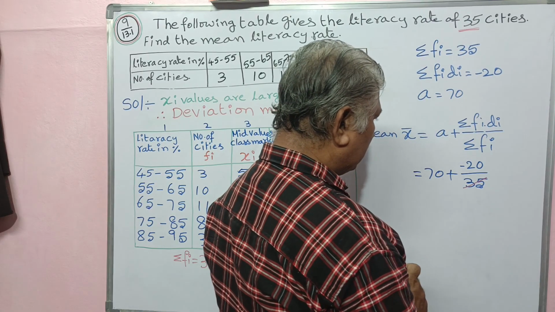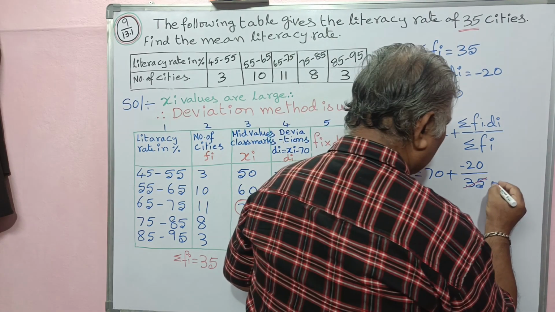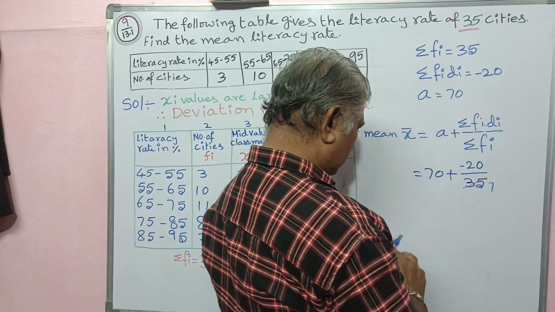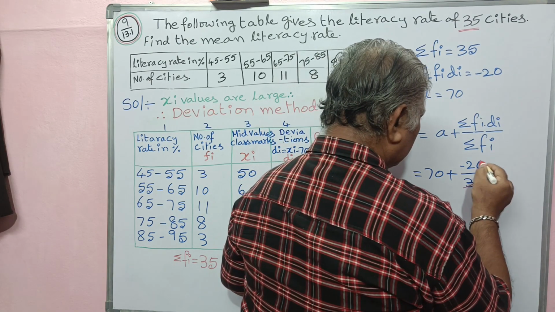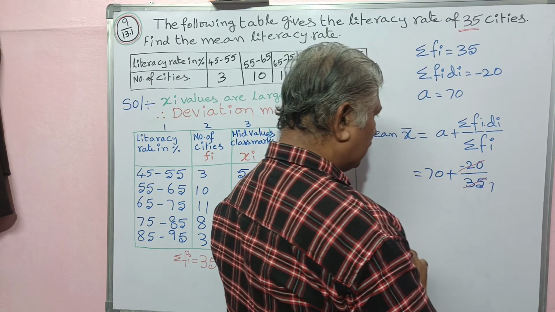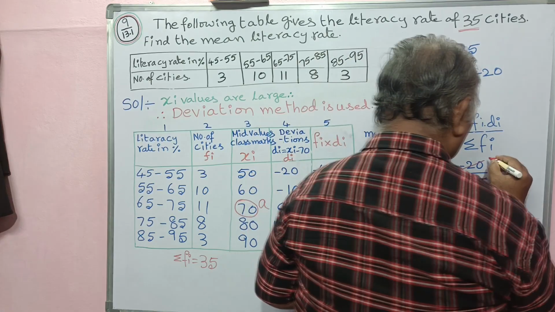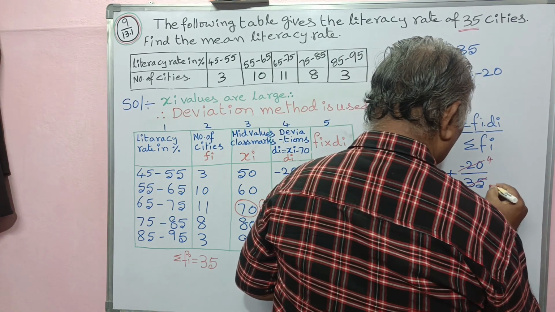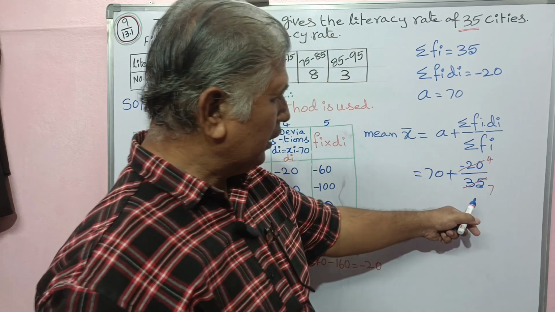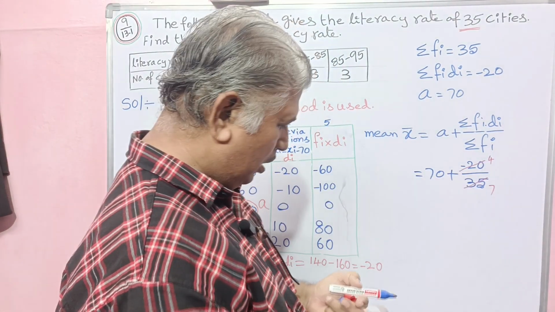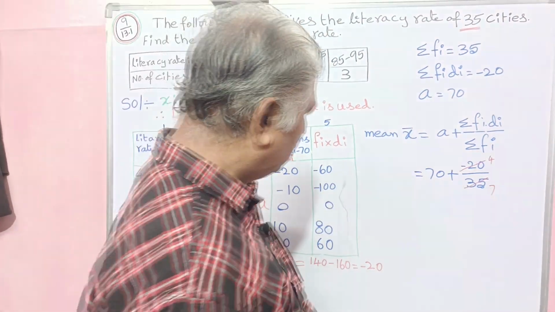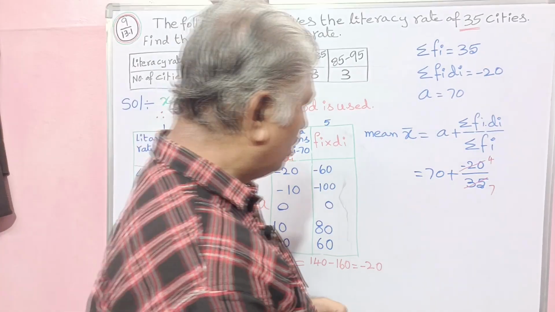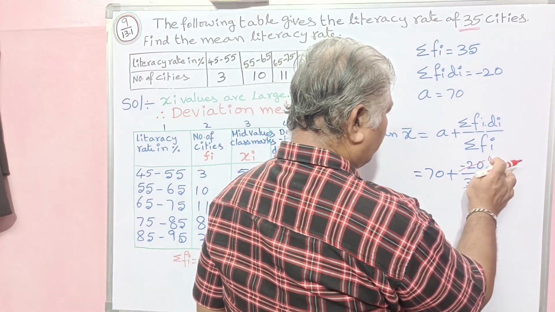Simplifying minus 20 by 35, we get 4 by 7. Now, what is the value of 4 by 7?